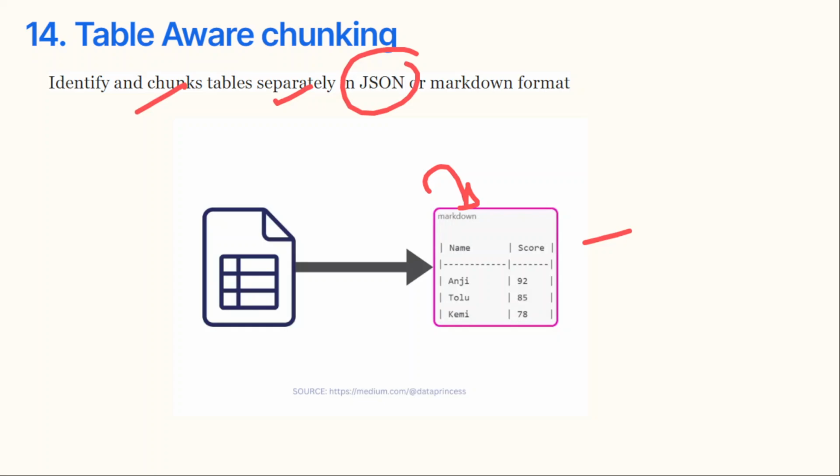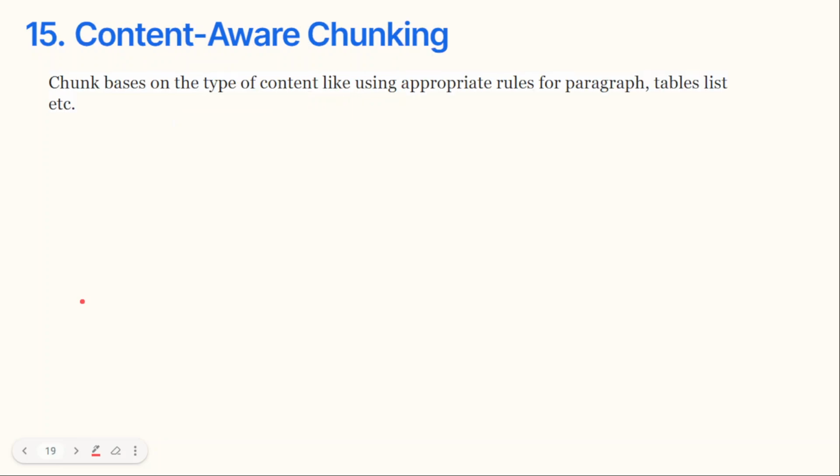Right. The next is something called content-aware chunking. So what is content-aware chunking? You are going to chunk based on the type of content. You follow some appropriate rule, and based on the paragraph, table or list you are going to create the chunks. So let's say you have a mixed-format document that contains different text structures.